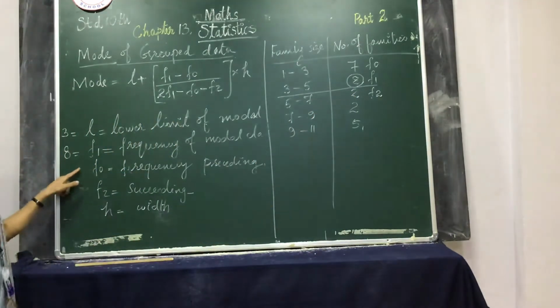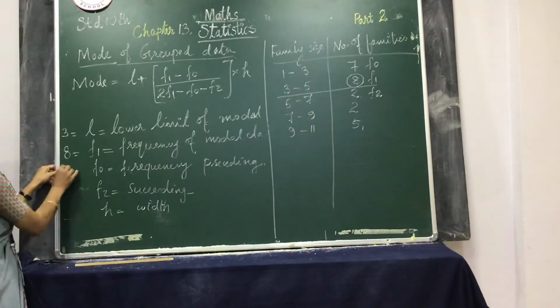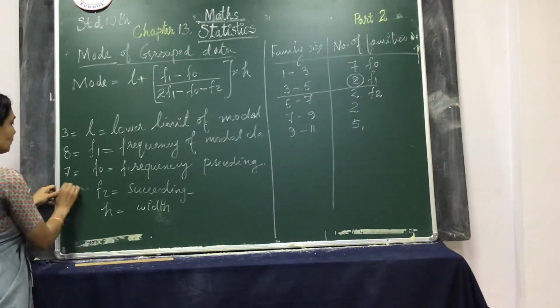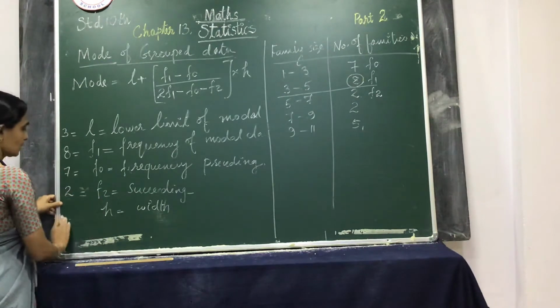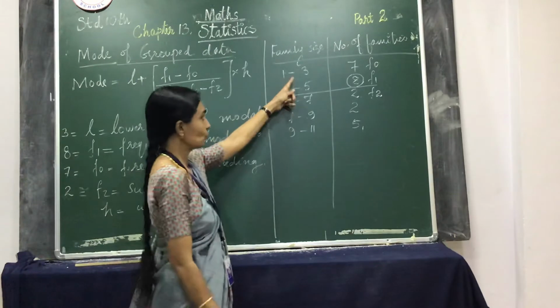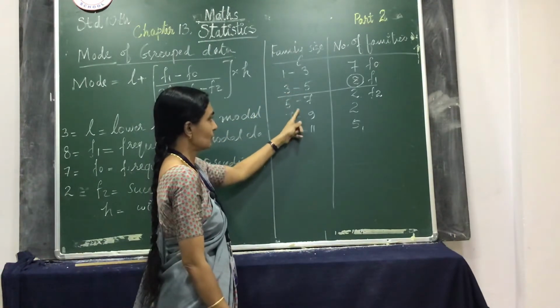So here we have F0 equal to 7, F2 equal to 2. Now we need H, the width of the class interval. The class intervals are 1 to 3, 3 to 5, 5 to 7, 7 to 9.